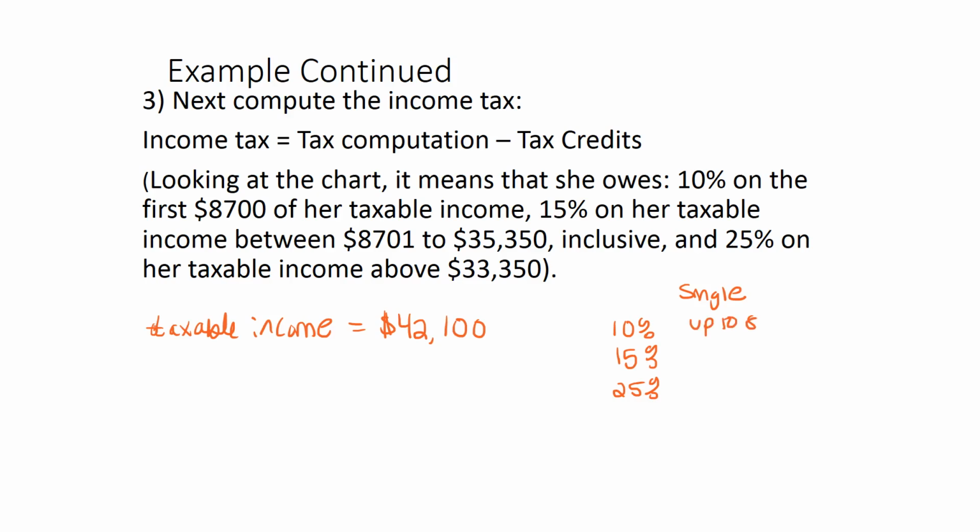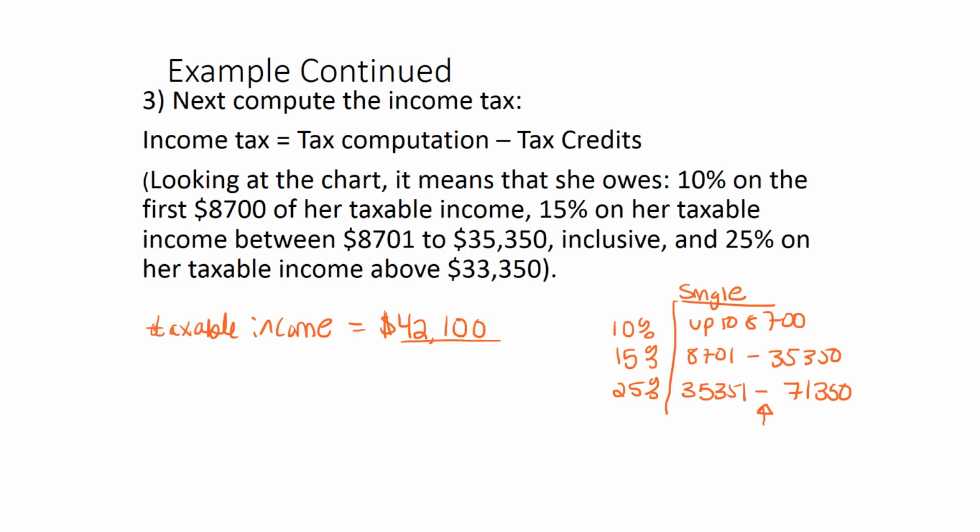Single up to $8,700. This was $8,701 to $35,350. Well, the taxable income's $42,100, so we need to go one more: $35,351 to $71,350. Again, this is that chart, and her income does fall in this range right here. All right, so we don't need to write out any more of the chart there.